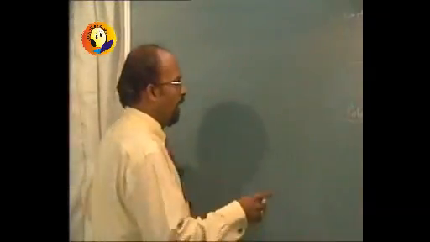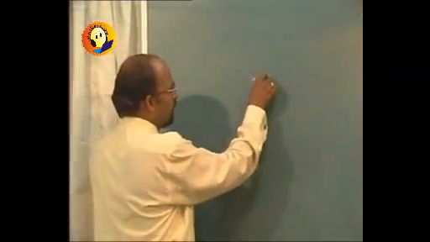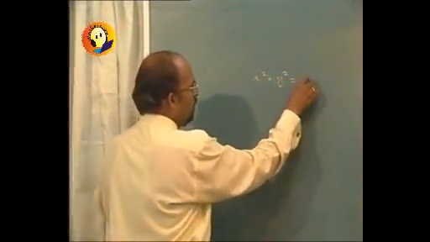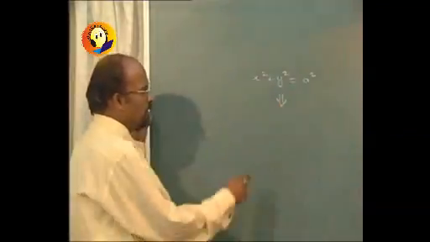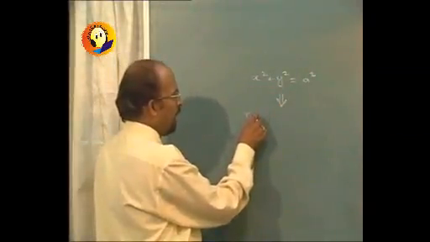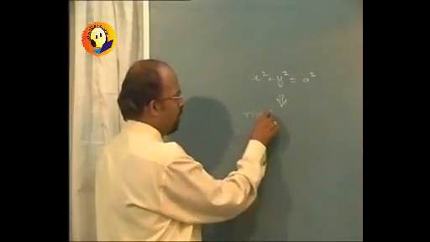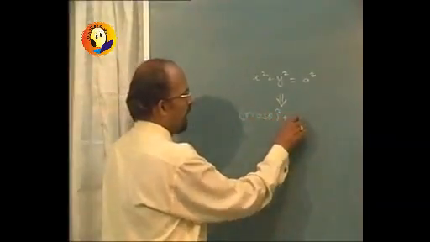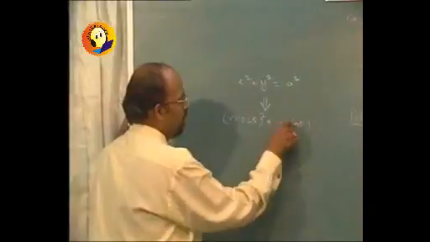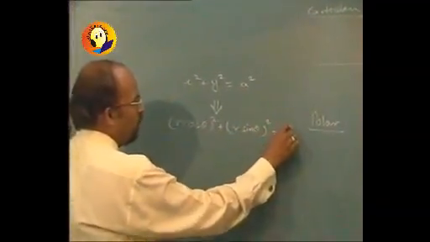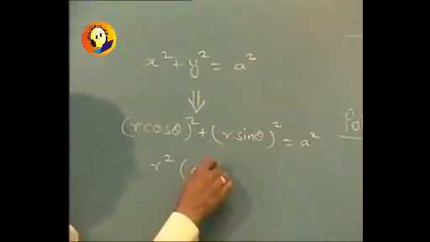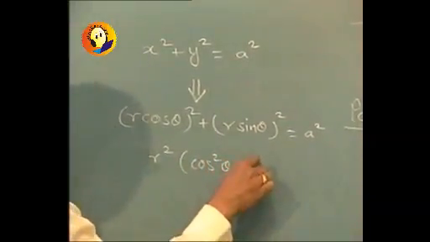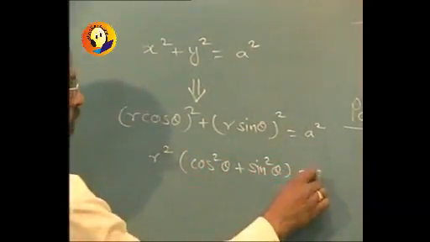So any curve, say x square plus y square equal to a square, can be transferred to the polar form with the substitution that r cos theta bracket square plus r sin theta bracket square equal to a square, which will be r square into bracket cos square theta plus sin square theta equal to a square.